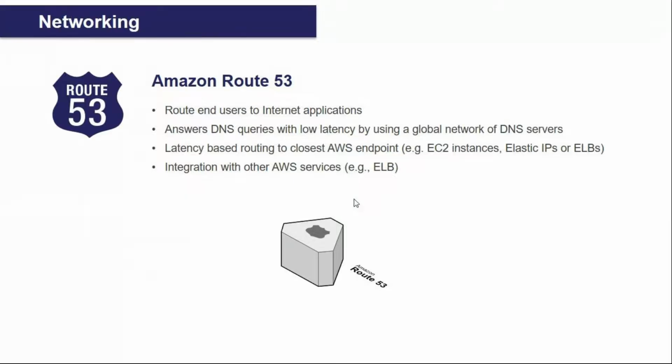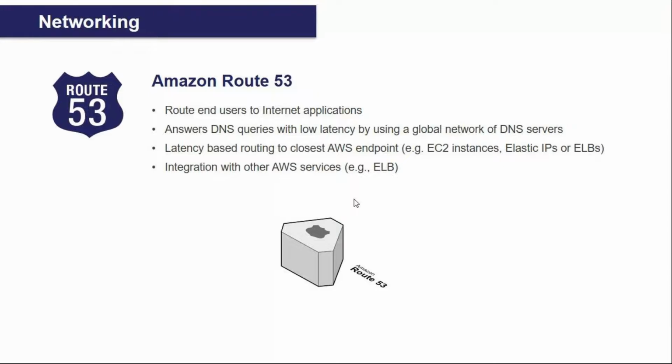It is designed to give developers and businesses an extremely reliable and cost-effective way to route end users to internet applications by translating human-readable names like www.example.com or www.amazon.com into the numeric IP address like 192.168.1.1 that computers use to connect to each other.